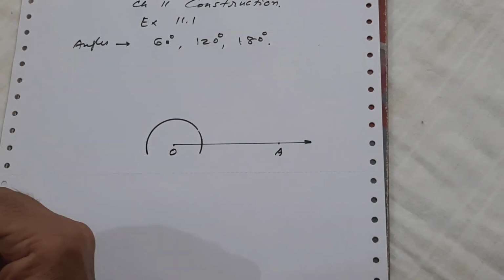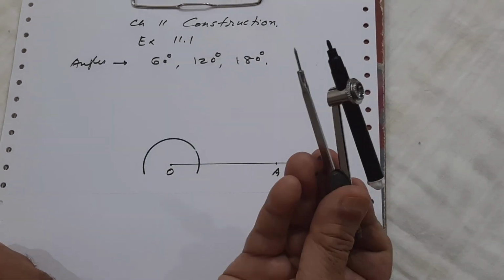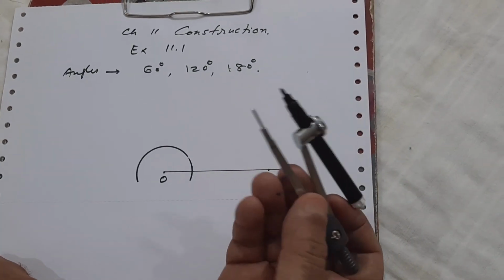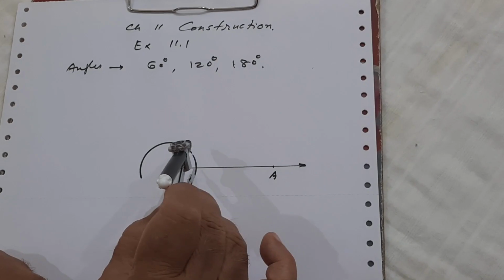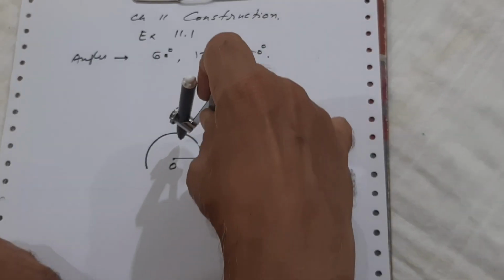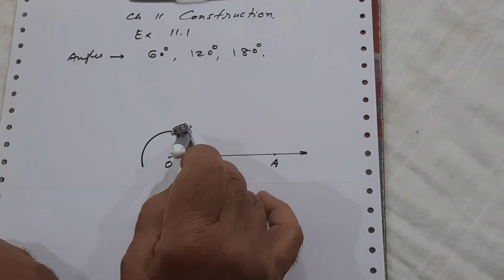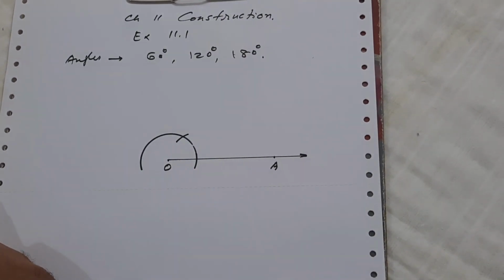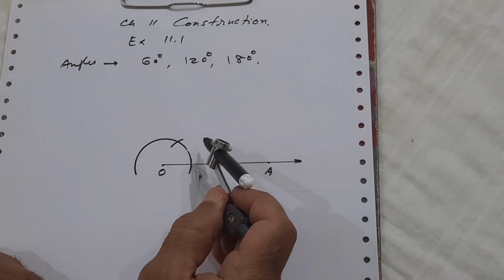Nearly half circle or semicircle. Okay, any distance, any radius. Now taking this point where the arc intersects the ray OA, draw one arc which cuts the first arc. See here, taking same distance.